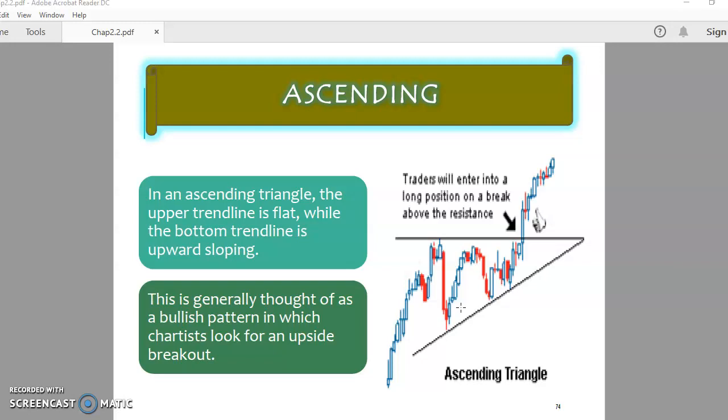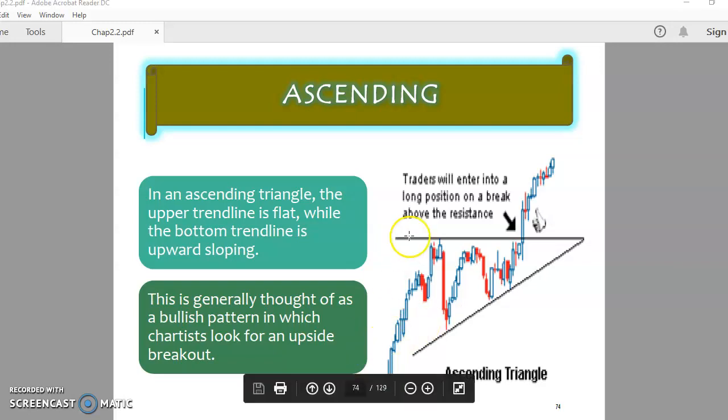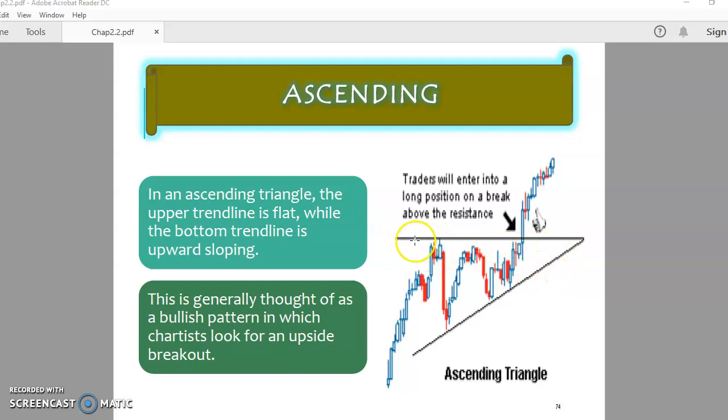Ascending triangle is a bullish pattern. Okay, bullish continuation pattern. With this ascending triangle, in order to identify the pattern, we can identify a flat line.